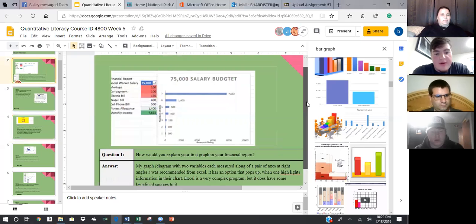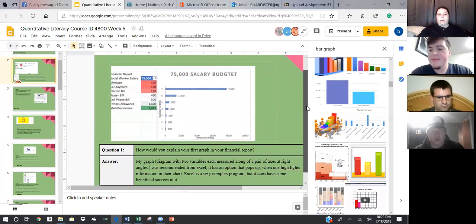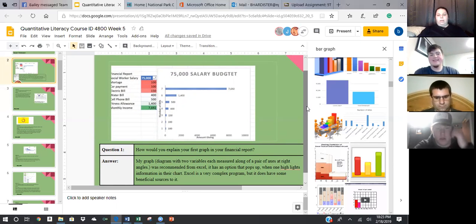These were recommended by Excel. It has an option that pops up when one highlights information in their chart. Excel is a very complex program, but it does have some beneficial sources to it. Complex, I agree, but I think that once we master it, we're going to love it, right?